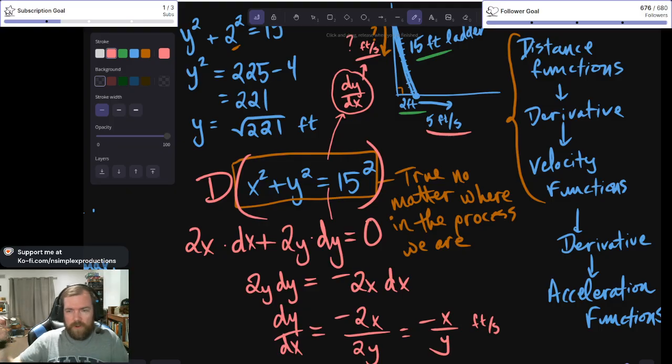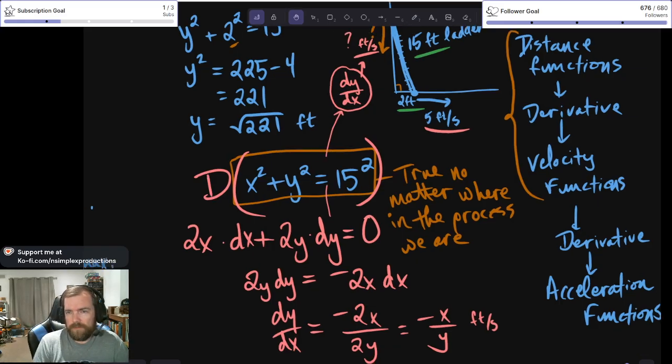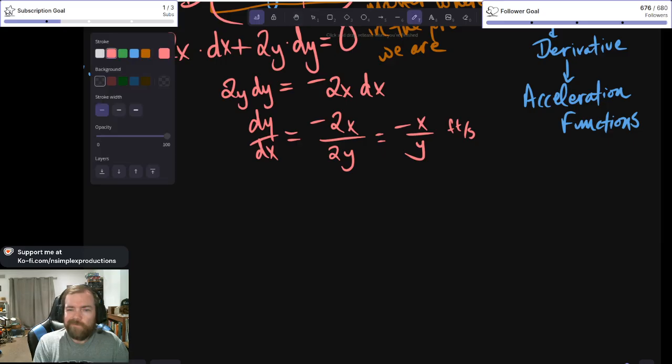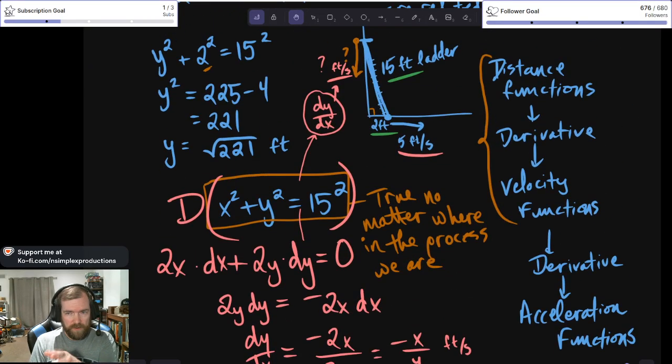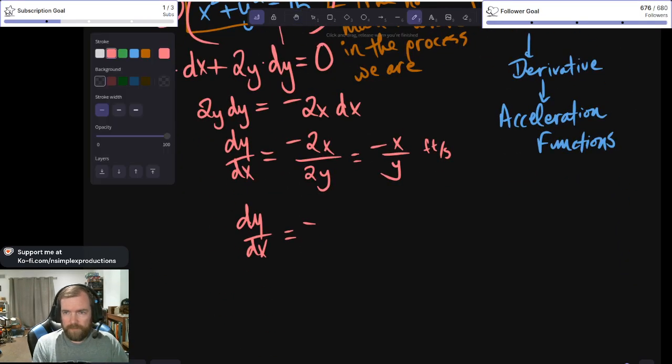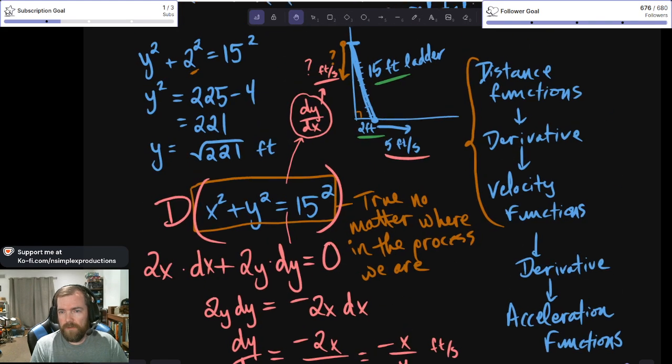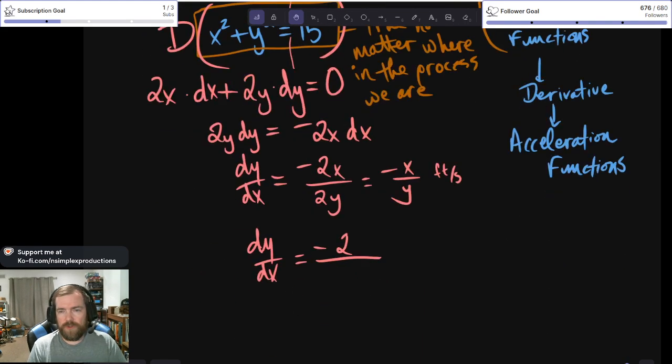Our x and our y, which are distances, put in ratio, which get us a unit of feet per second. So dy dx is equal to negative, our x distance was 2 feet. Our y distance was root 221.